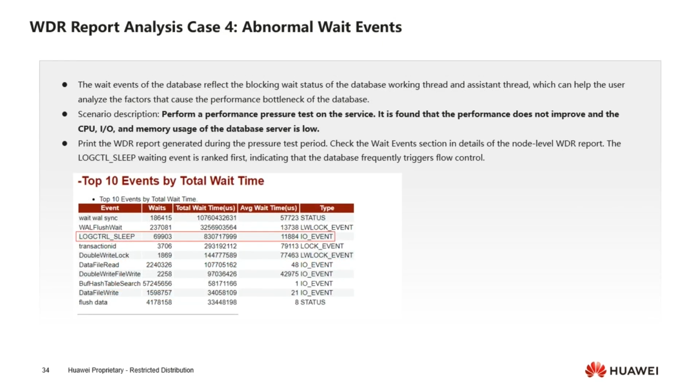Let's then continue with another one about the abnormal wait event. We have performance issues again. The thing different from the previous one is that we have low database usage of resources like CPU, I/O, and memory. We could read that from the console. But in the WDR report generated, we check the top 10 events ranked by total time. We see some WAL events take the top two places. They're considered normal, but not the third one, the LogCtrl.